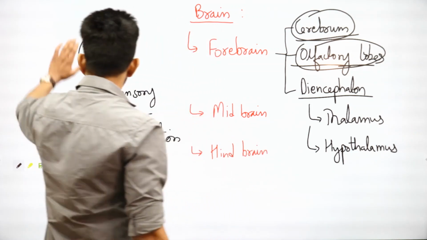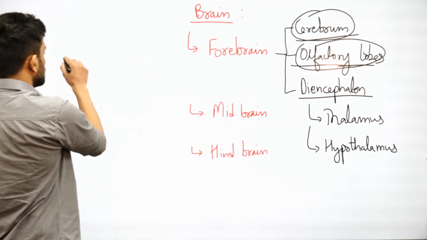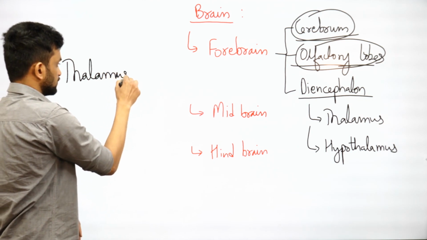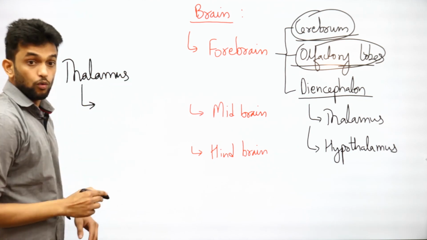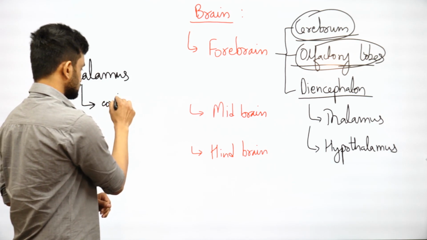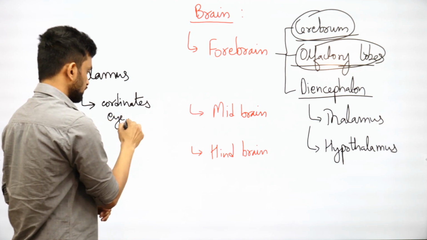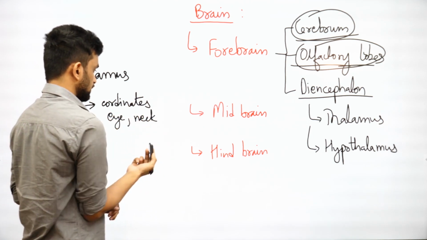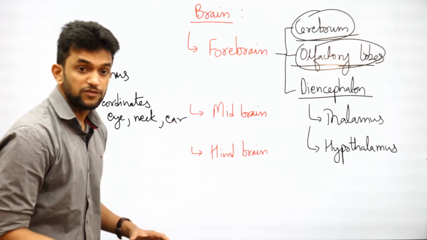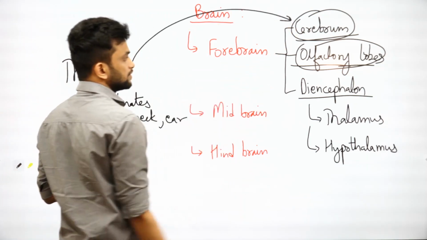Thalamus, basically what it does is, it coordinates information from eye, neck and ear and sends it to cerebrum.